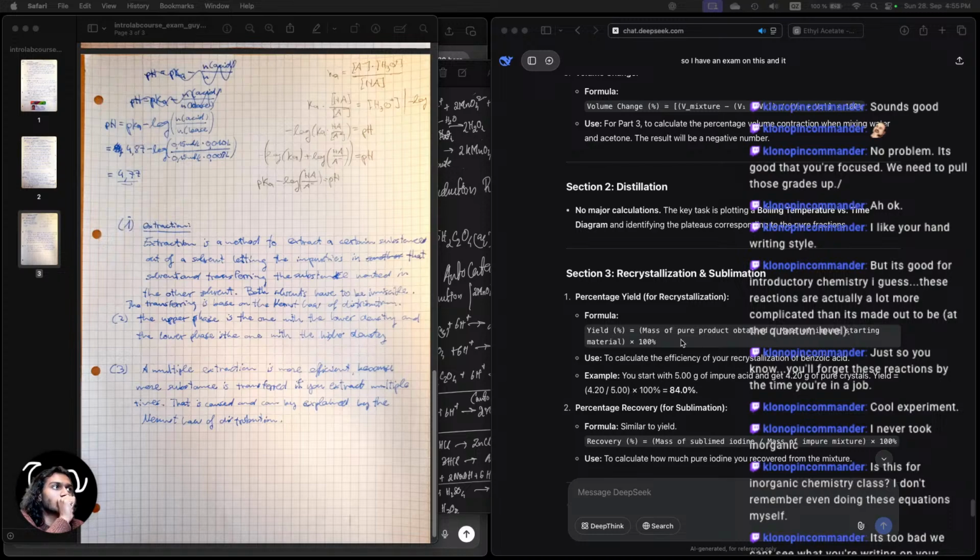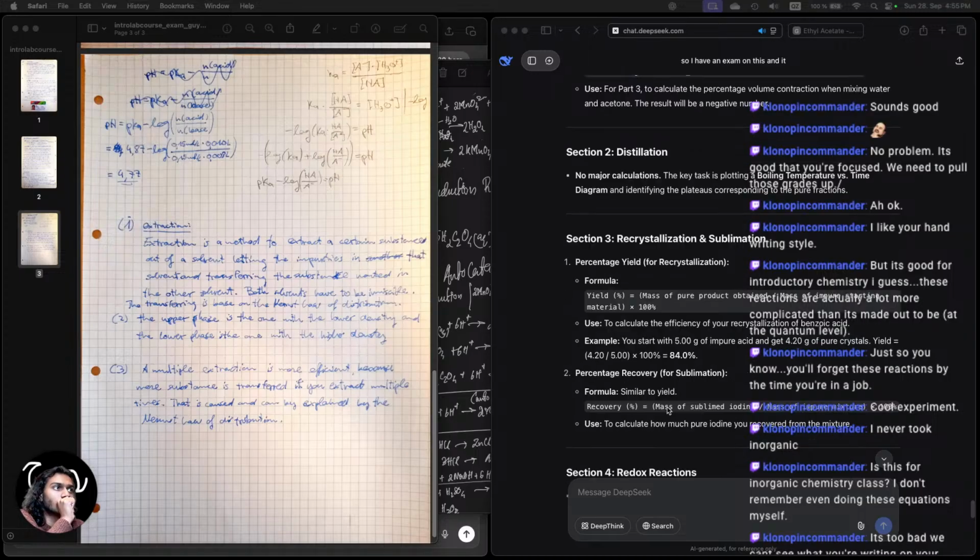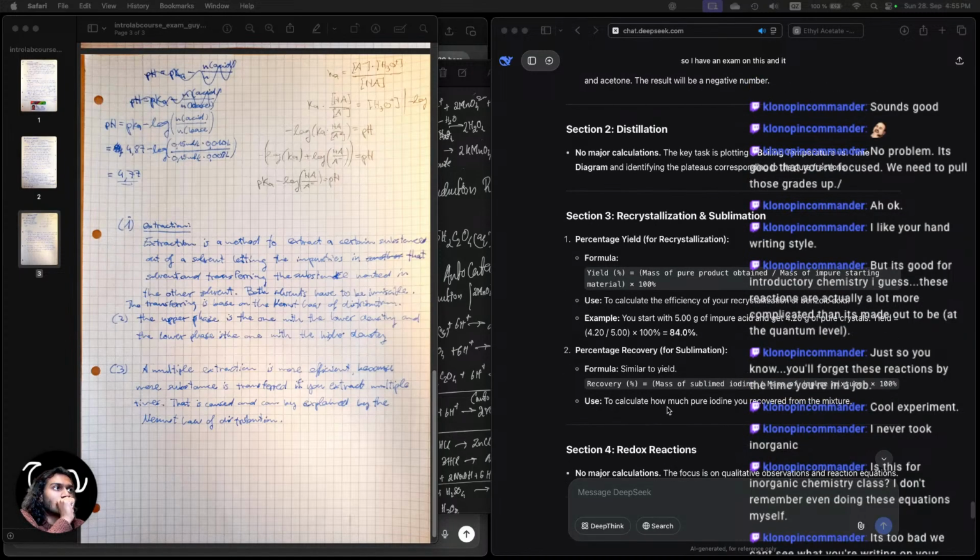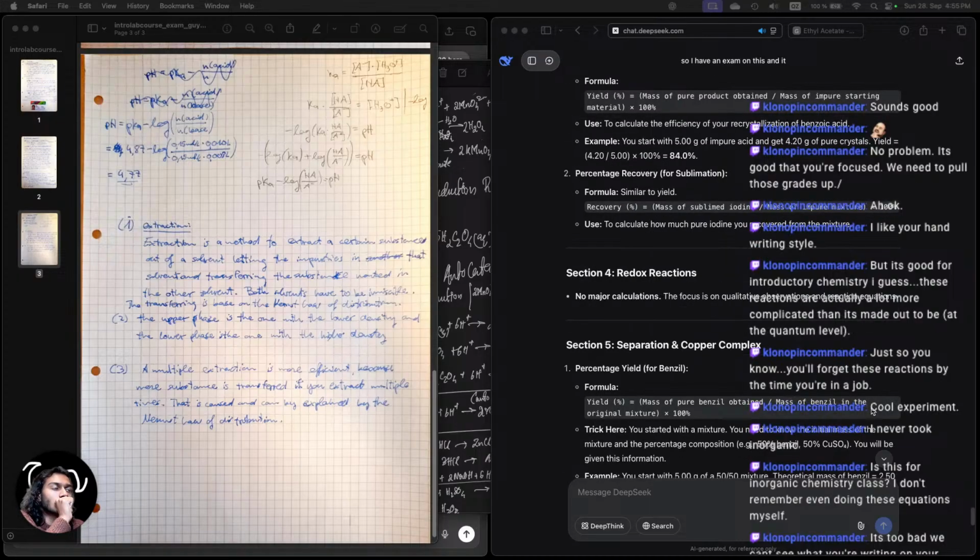Yield percent is equal to mass of the pure product obtained by mass of the impure starting material into 100. Percentage recovery for sublimation: mass of the sublimed item by mass of the impure mixture. Okay, these formulas are pretty easy. Mass of the pure benzil obtained by mass of benzil in the original mixture.